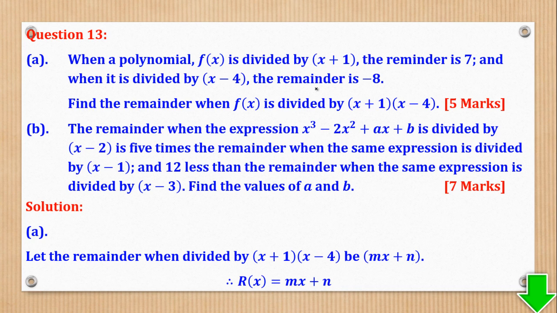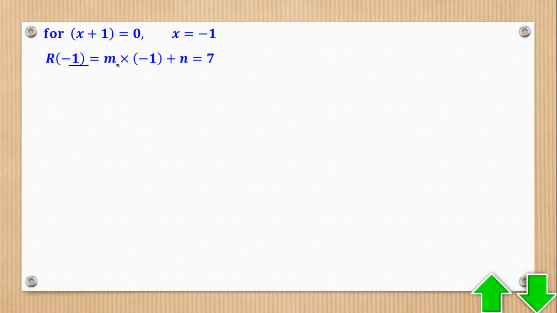So R(x) is now that. So that means that I will substitute. When x is equal to negative 1, remainder is 7. When x is 4, remainder is negative 8. So when x is negative 1, remainder is 7 to get equation 1.